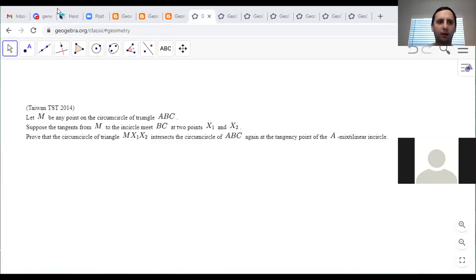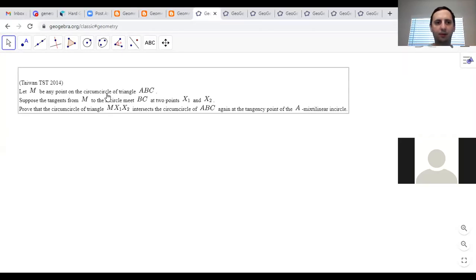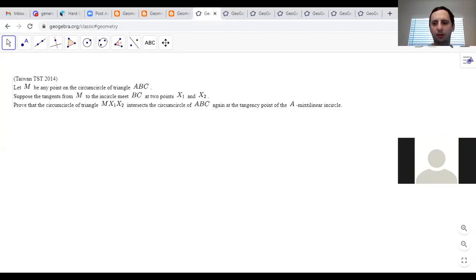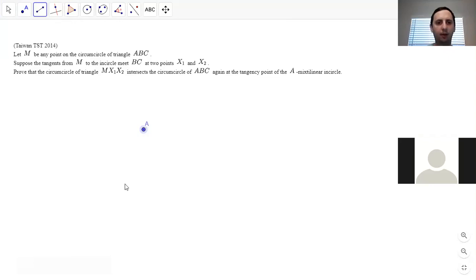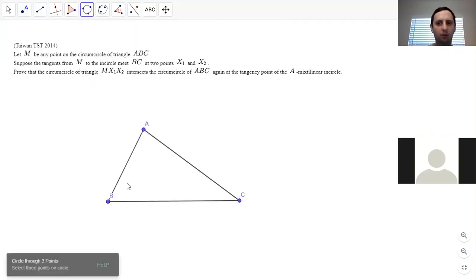All right, everyone see it? So this problem looked really interesting. It's like a very general problem. Let me maximize it. So we have a triangle ABC, and M is any point on the circumcircle. So let me draw the circumcircle.